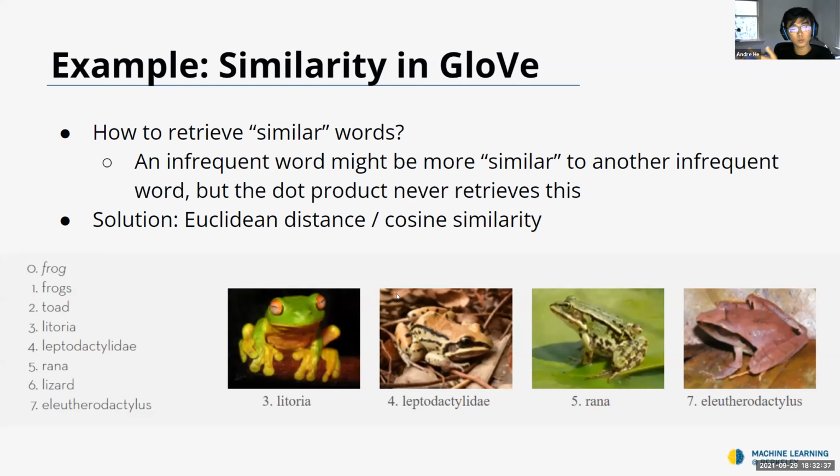And in some intuitive sense, when your two vectors have tips that are very close together, they're just similar rather than most likely co-occurring, right? And so in this case, the authors that made GloVe use Euclidean distance to retrieve this different type of similarity, and they found these words to be closest under Euclidean distance. So like frog, frogs, toad, and then a bunch of other names for frogs.